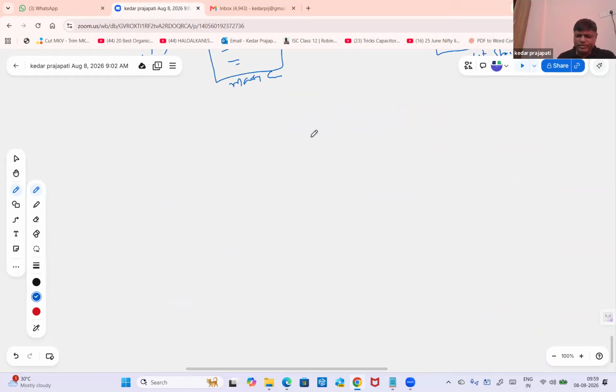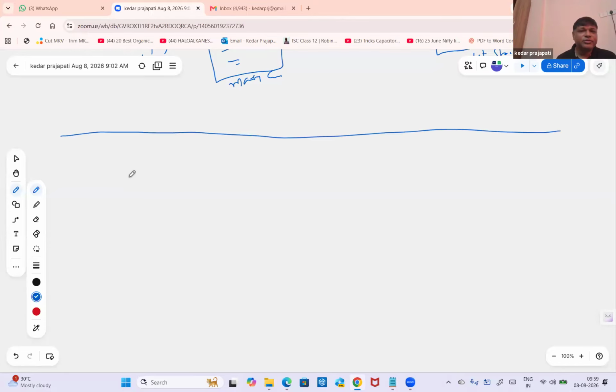So many things are there. We will learn slowly. Now I have to tell something about types of machine learning models, or you can say categories. This is not a model. One is supervised learning.